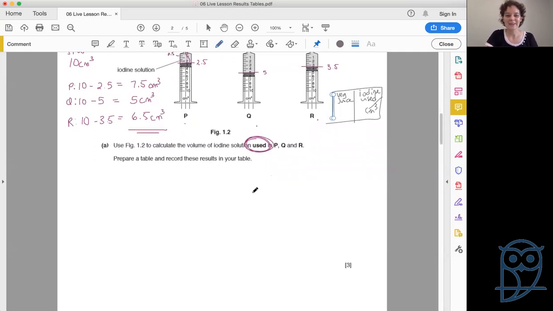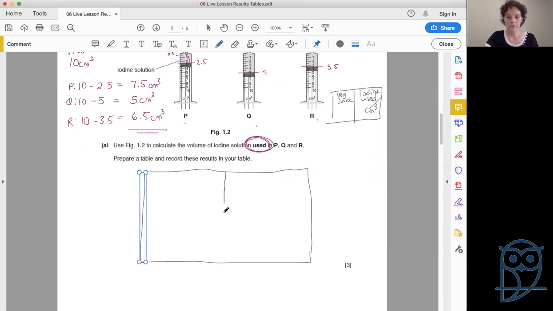Okay, so gray pencil, preparing a table. So I'm going to fill my space and give myself plenty of space to write in the table. I need 2 columns. Okay, then I'm going to need 4 rows because I got the veg juice and I got P, Q, and R. With a ruler, ladies and gentlemen.